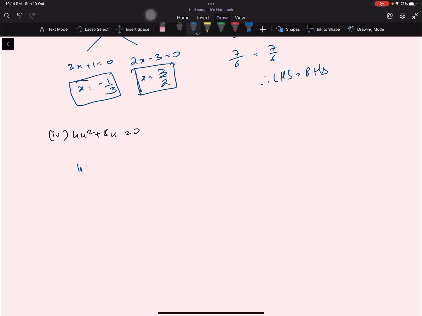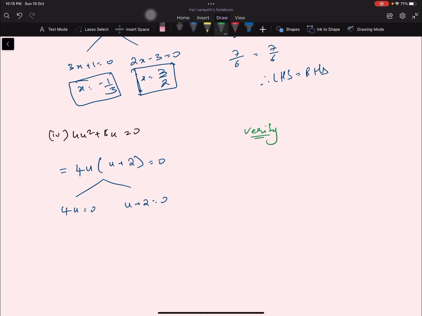Sorry, you take 4u as common, you get u plus 2 equals 0, and you get 4u equals 0, and u plus 2 equals 0. Since there is no c, you just have to take one number as common. Okay, remember this. When there is no c, take one number as common. It will be easily done.